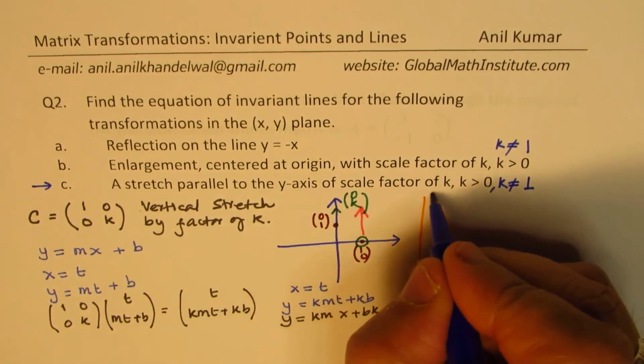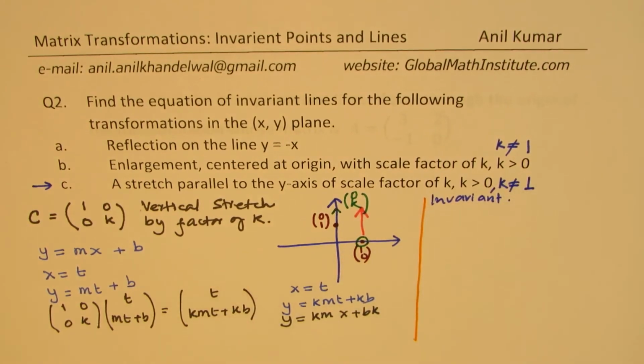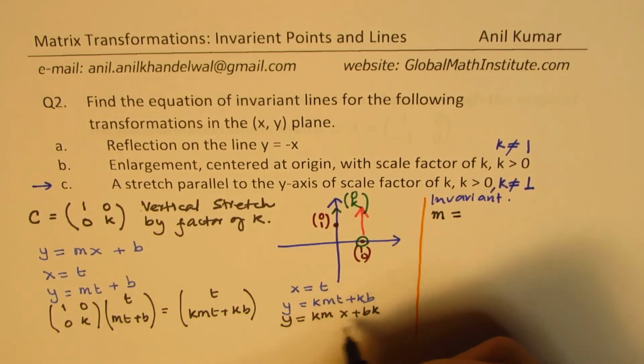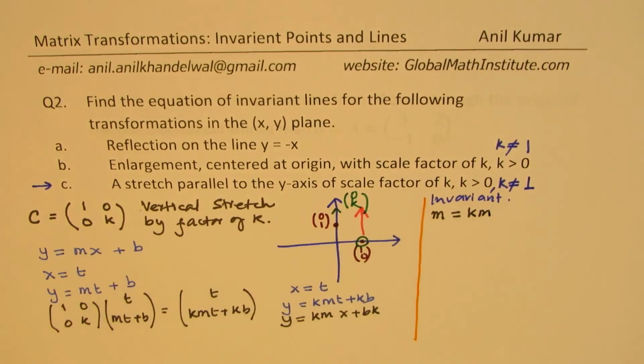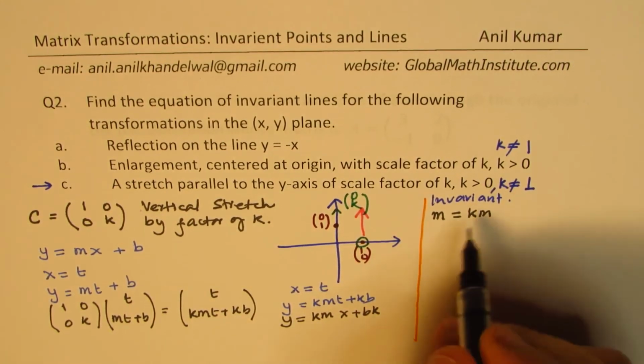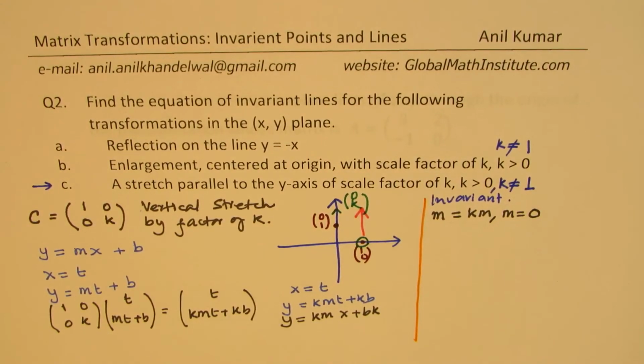Now, we need to find the equation of the lines which are invariant. So for invariant lines, we should have the same slope and the same y-intercept as we did earlier. Same slope means that slope m equals km, and that is possible since k is not equal to 1, when m equals 0.